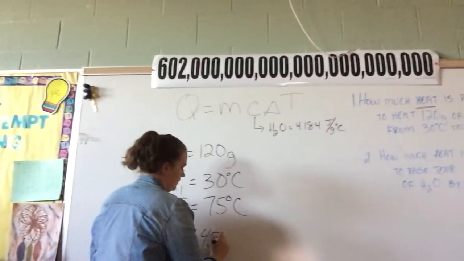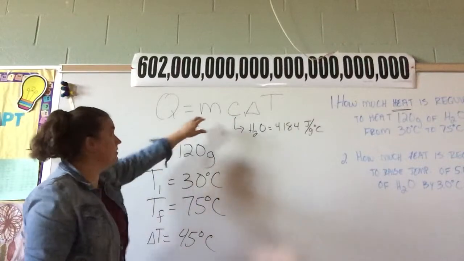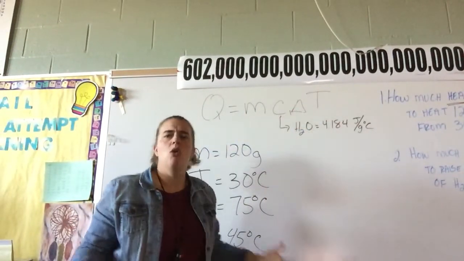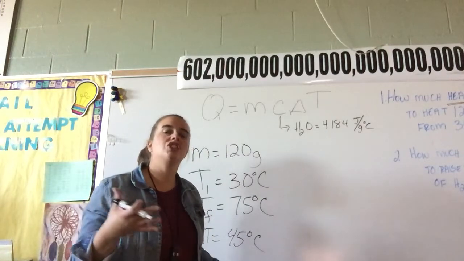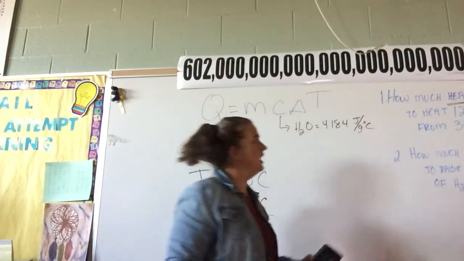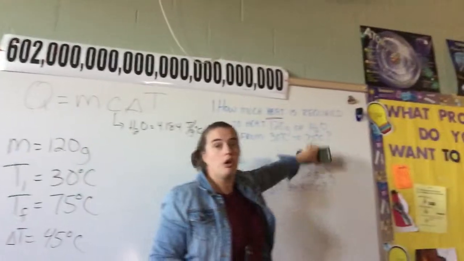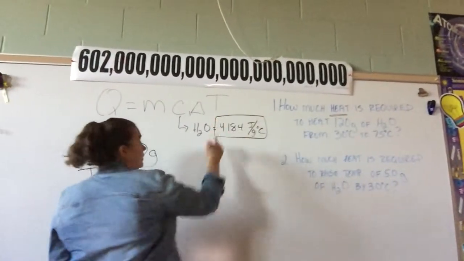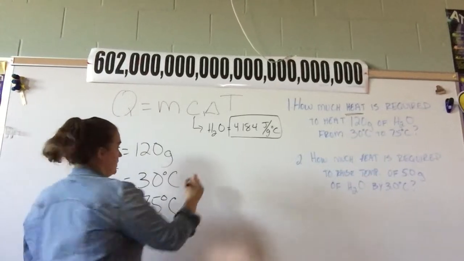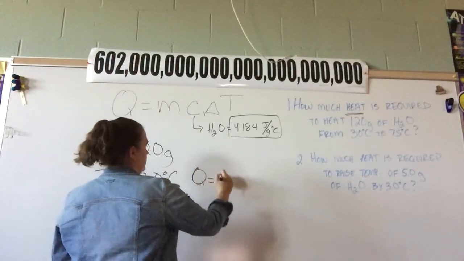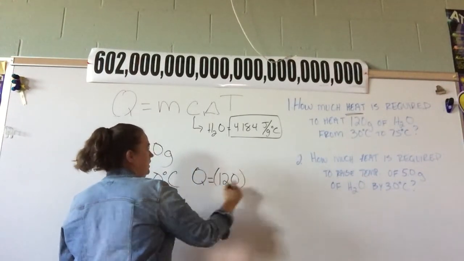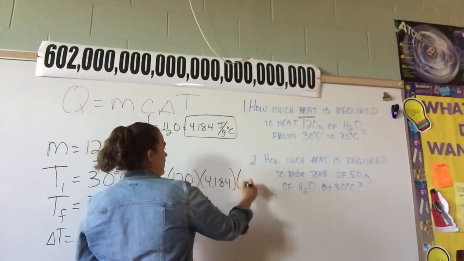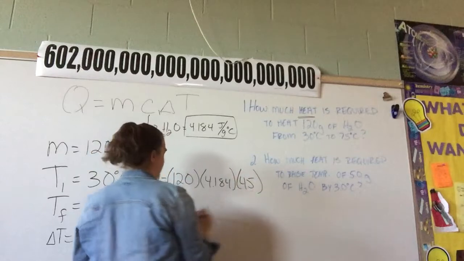45 degrees Celsius. So now I can come up here: I have my M, I have my delta T. What about my C? I actually did give you the C. It's telling me that I'm dealing with water, so I know my C is 4.184. Now I just plug things in. Q is equal to my 120 times my 4.184 times my 45.